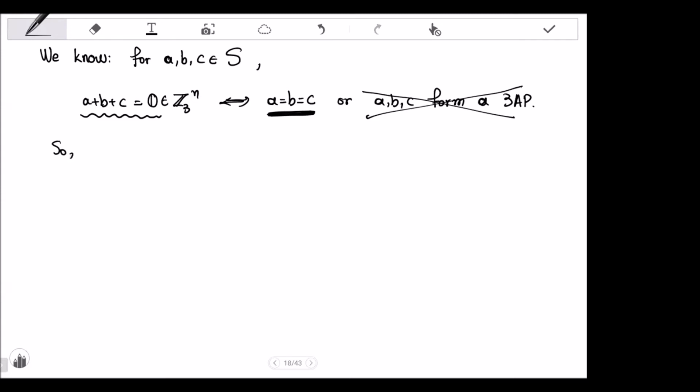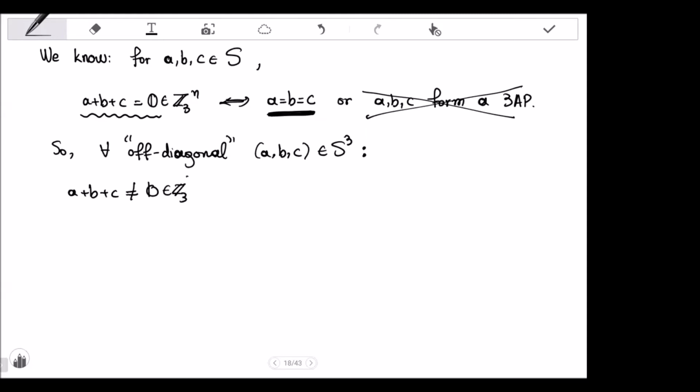We have, for every off-diagonal triple A, B, C in S to the 3, they won't add up to 0. We know that. They will not form a 3-term progression, and therefore they will not add up to 0. This is different from the 0 vector with n coordinates.